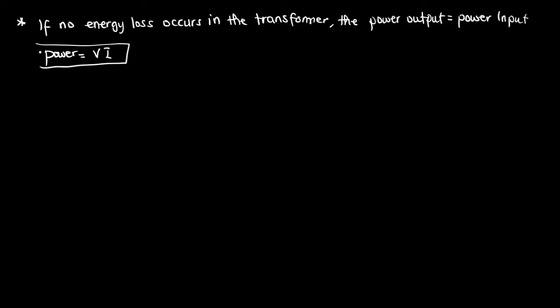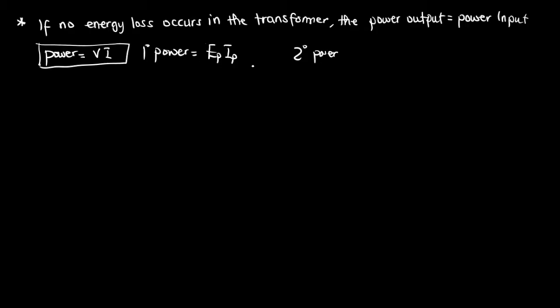Now in this case, voltage can also be EMF. So if you are talking about the primary power, the power in the primary coil, it will be EP IP. Then the secondary power, which is the output, the power output.